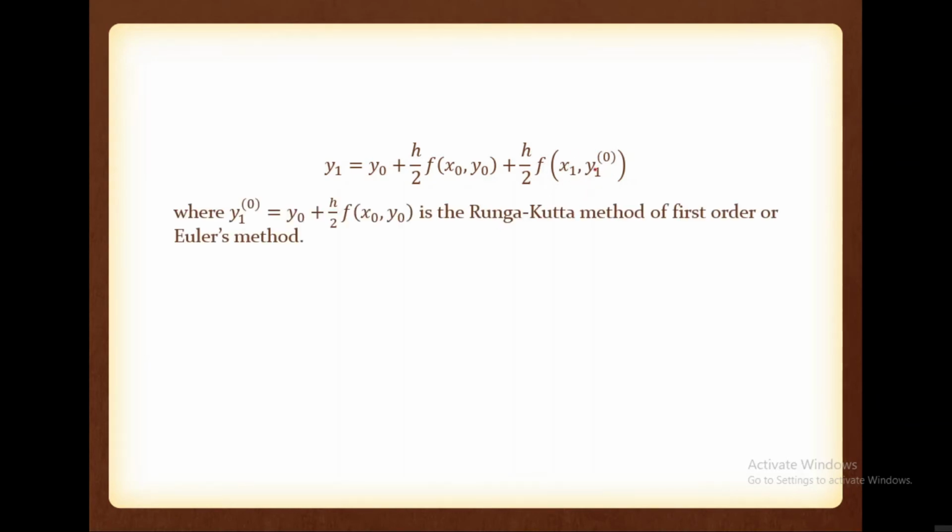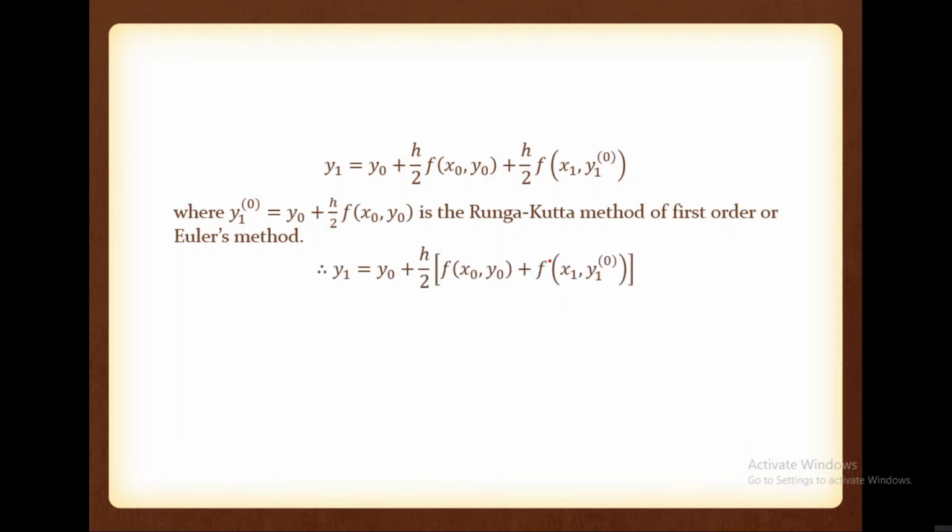Okay, so please note y1 is equal to y0 plus h by 2 into f of x0 comma y0 plus h by 2 into f of x1 comma y1 of 0, which is actually Euler's modified method. It is also known as Runge-Kutta method of second order. This equation is Runge-Kutta method of second order.